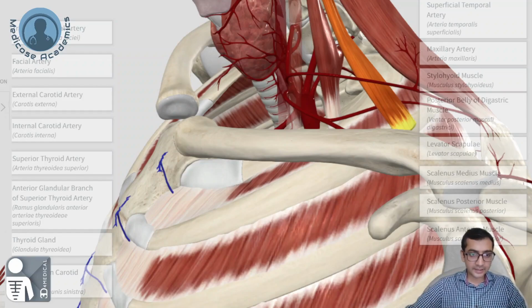Simple. And that was a subclavian artery. This was the subclavian artery. Okay, so this is happening.